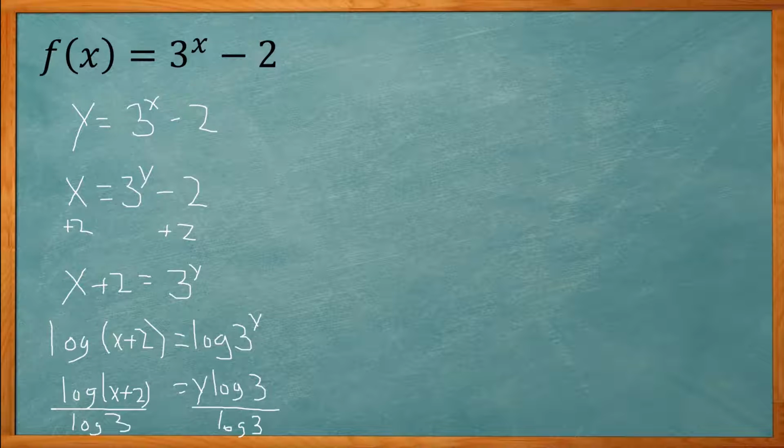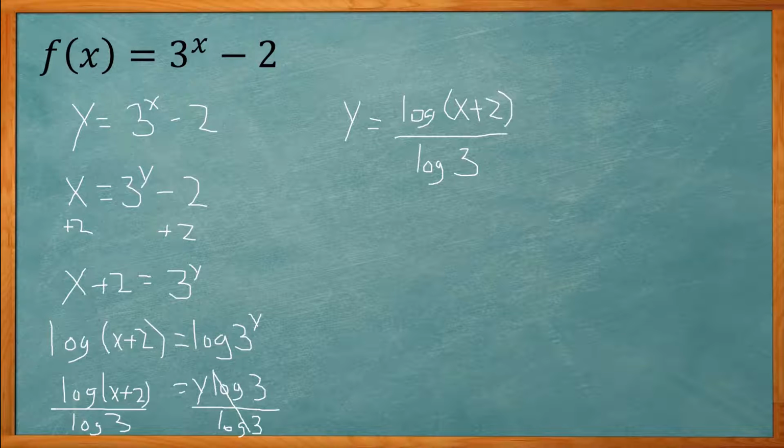That cancels out the logarithm here, leaving me with just y equals log of x plus 2 divided by log of 3. And again, we can't take the logarithm of a negative number, so x here has to be greater than or equal to negative 2.